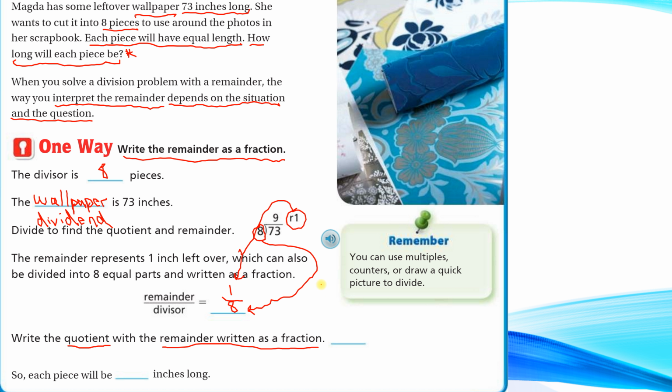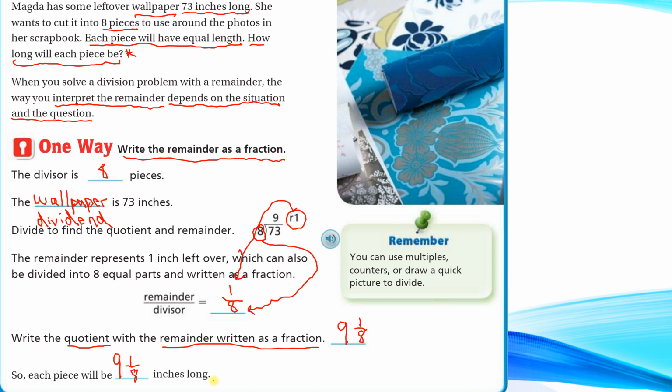So our quotient was 9. And our remainder was 1, and if I want to write it as a fraction, I make it the numerator, and the divisor is my denominator, 1/8. So each piece will be 9 1/8 inches long.